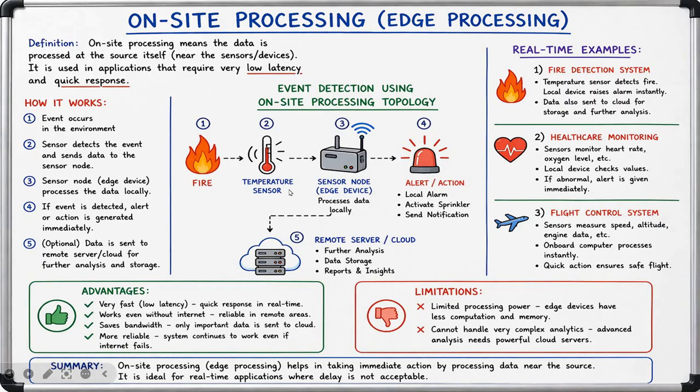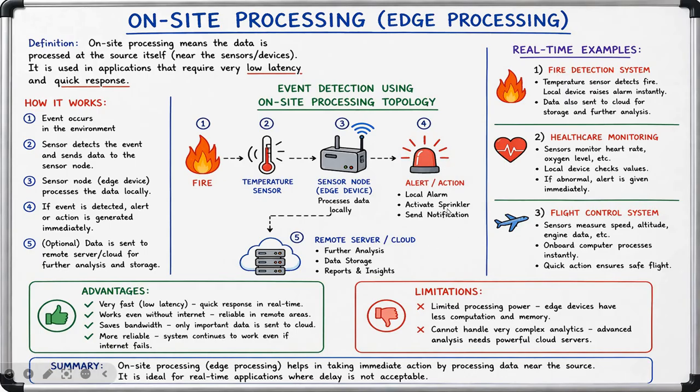Then local processing happens. It means that the sensor node immediately processes the data and checks if it crosses a predefined limit. The next step is the alert action. If a problem is detected, the system instantly generates an alert or takes action, such as activating an alarm, activating the sprinkler and sending a notification.